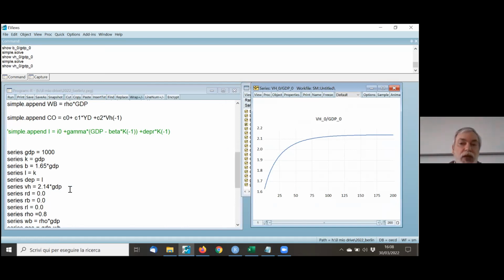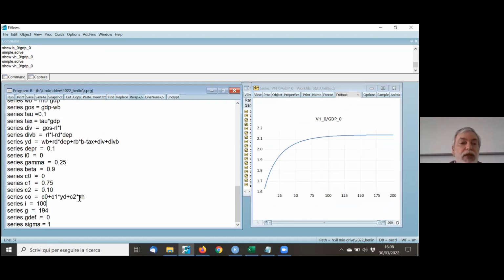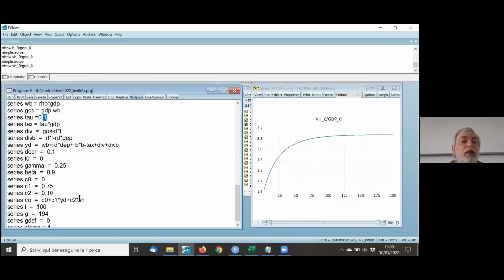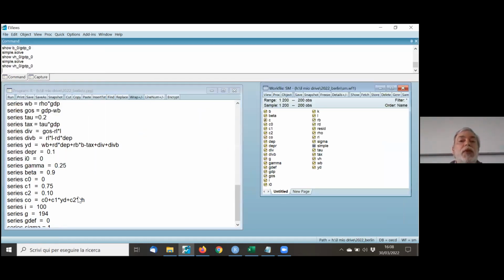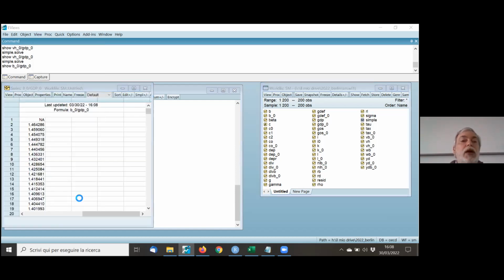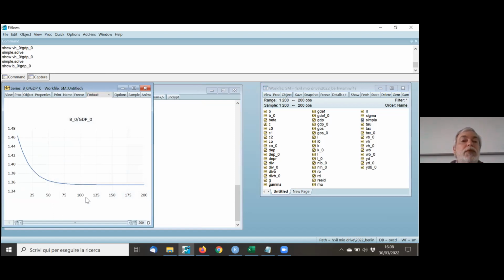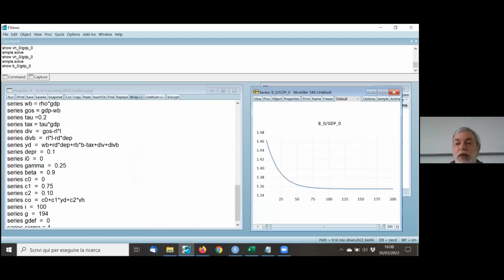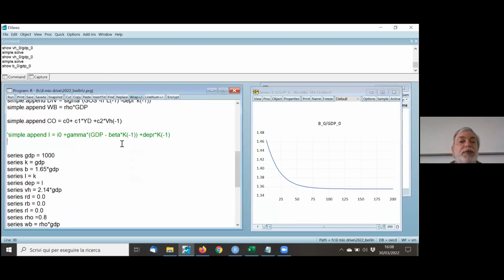So you say if we increase the tax rate, let's put it, I thought it was 20%. Let's put it at 20%. Yeah, now it's pretty stable. It's still positive, but it's converging more quickly to 1.355.